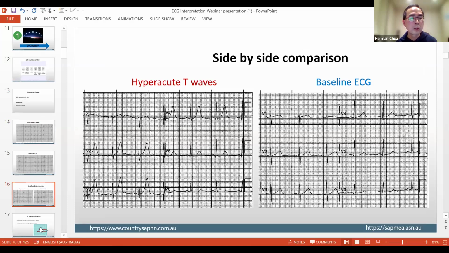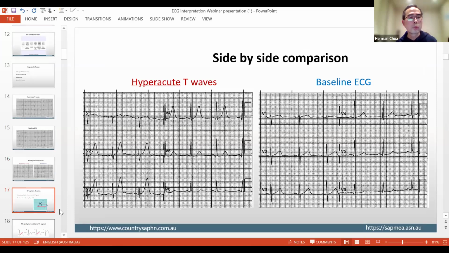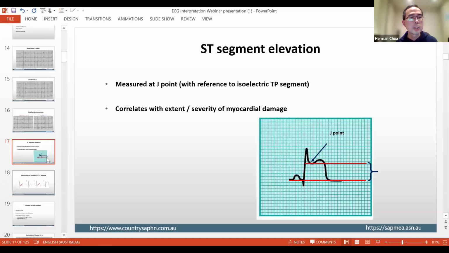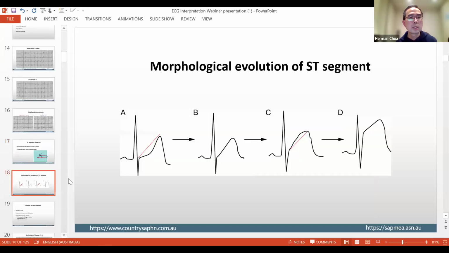Okay, all right. So we talked about the ST segment already, where it's actually measured from the J point. And then this is the morphology, the slide on morphology that I want you to actually have a look at, right? So the normal T wave actually starts from the left here, where it's a gentle sort of upslope, in a concave sort of shape, and then it just descends quite rapidly.